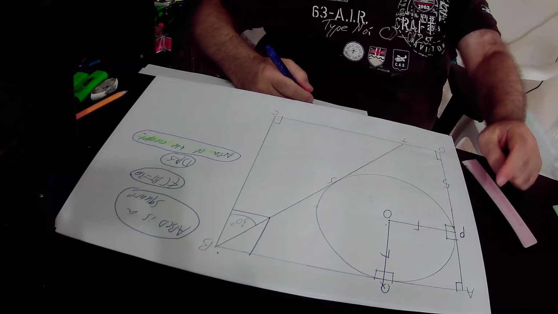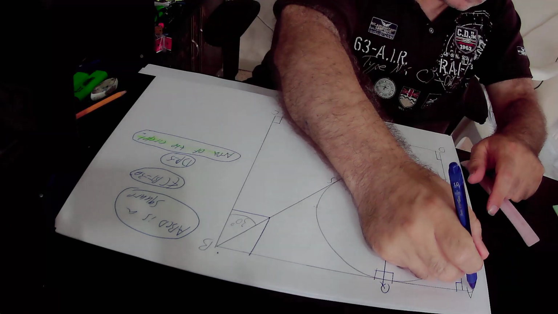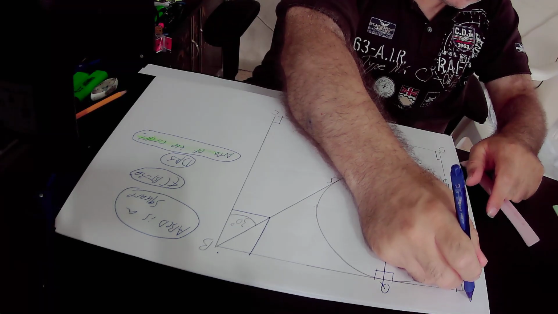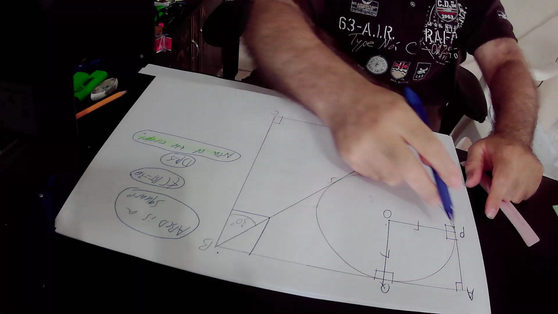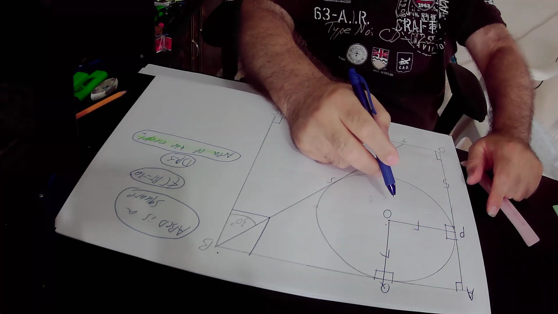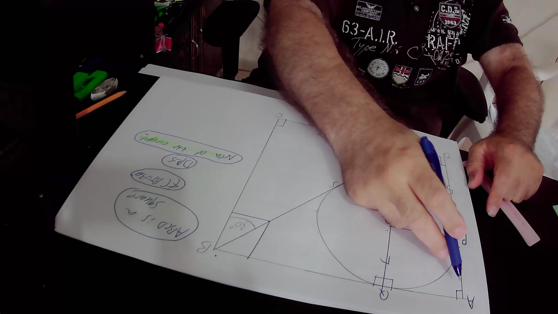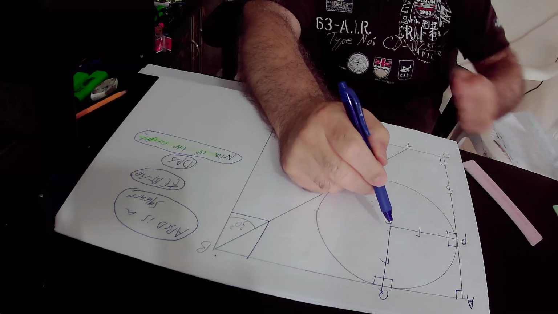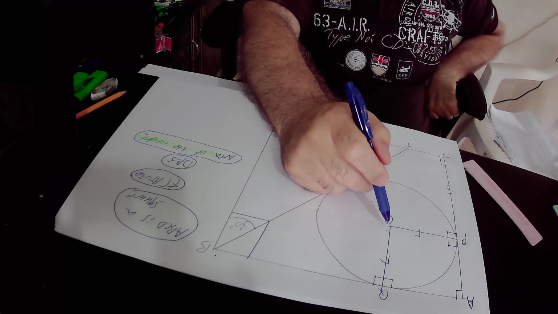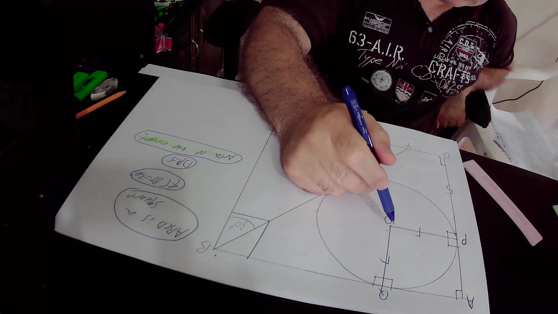So actually, in quadrilateral AQPO, we have 1, 2, 3 right angles. The sum of 3 right angles is 270 degrees.